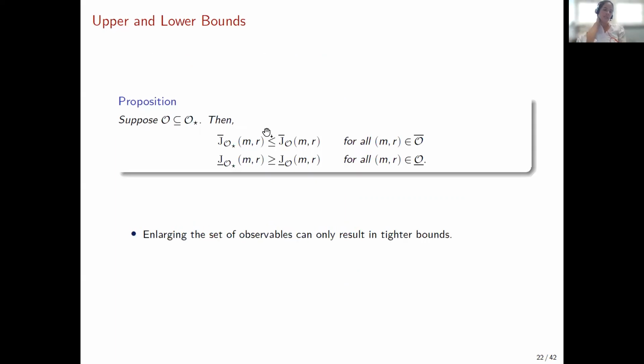This result here tells us that if you enlarge the set of observables, so if you add more and more observables to what you have, for example, if you add option returns to the set of returns, the bounds are obviously going to get tighter and tighter. This is very intuitive. So obviously, the more restrictions you have, the more you can pin down the moments of the joint distribution of stochastic discount factors.